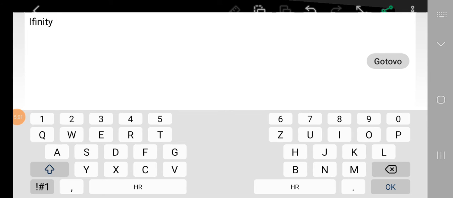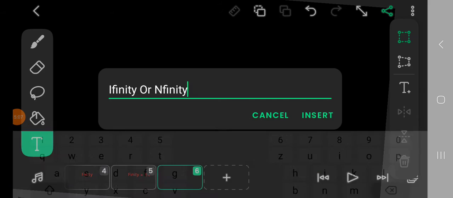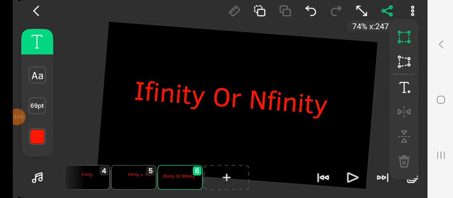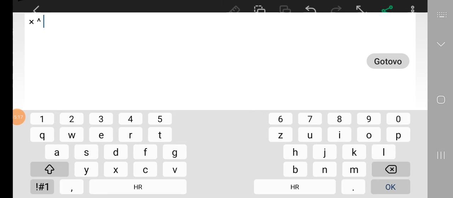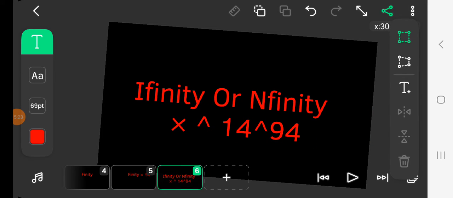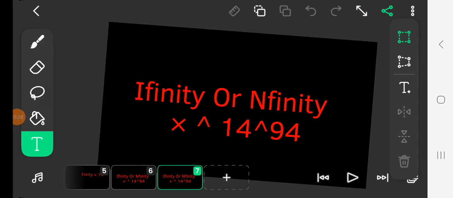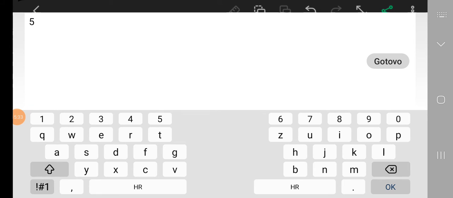infinity or this random number. It should be these guys. Infinity or infinity. But if we take these guys and multiply and power them by 14 to the power of 94, we shall get 5.44546982.